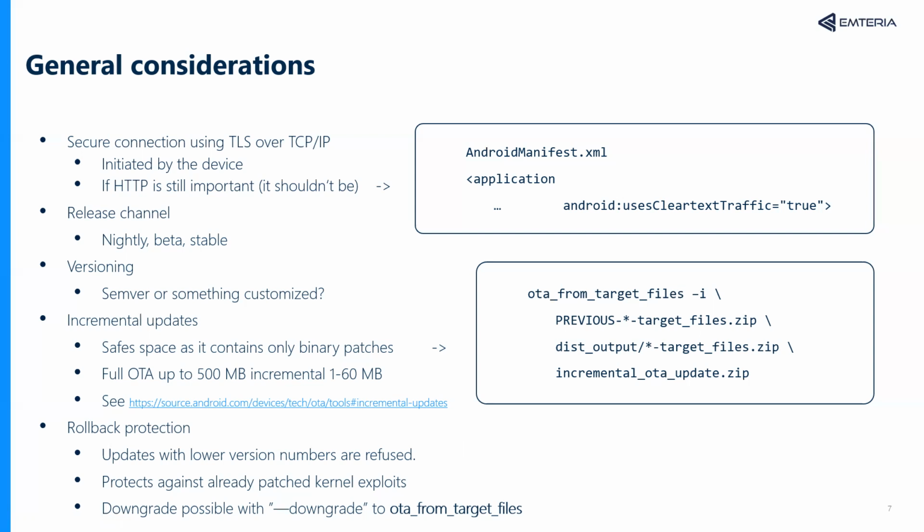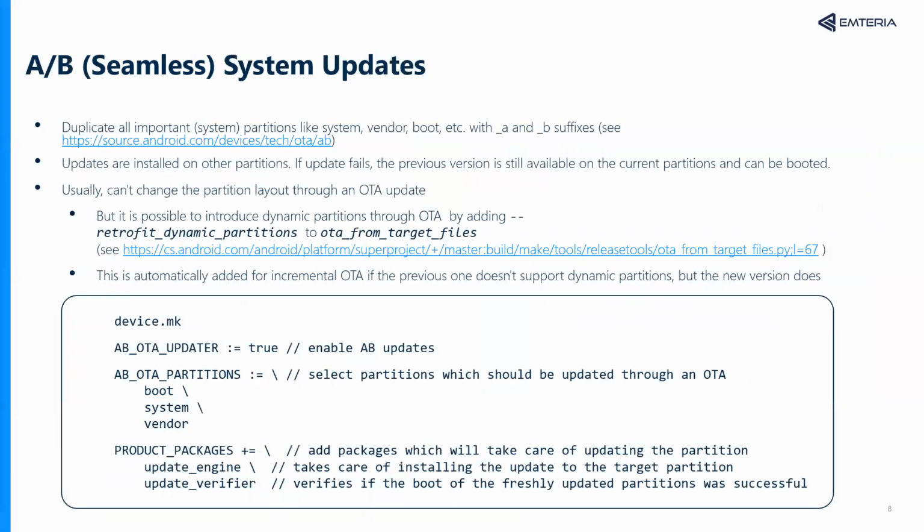I didn't like the process of downloading the full image to storage, to the cache partition, for example, because then the cache partition needs to be as big as the whole OTA, and it's normally empty, so it's not used for anything, and then it's only used to download the full package, which can be 700 megabytes, wasting all the space. So what Google said is, we actually don't need that cache partition. What we will do instead, we will introduce A/B, or what they call seamless system updates.